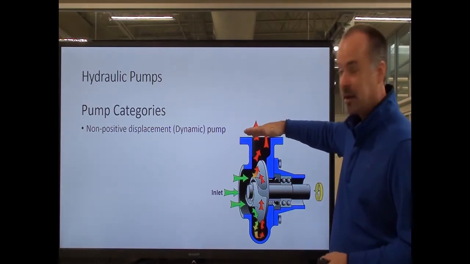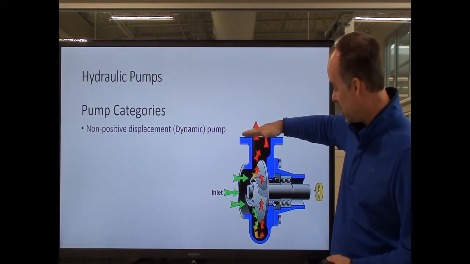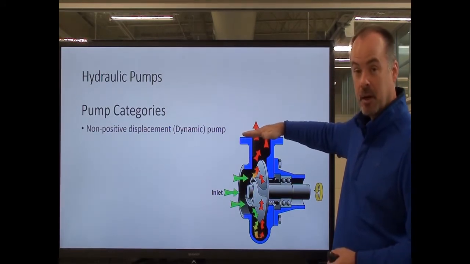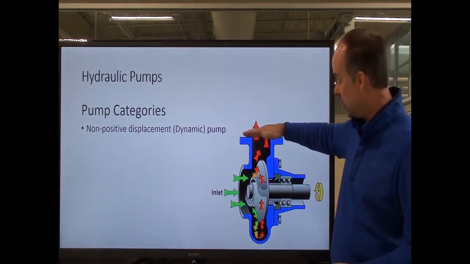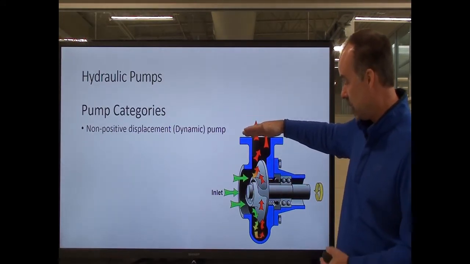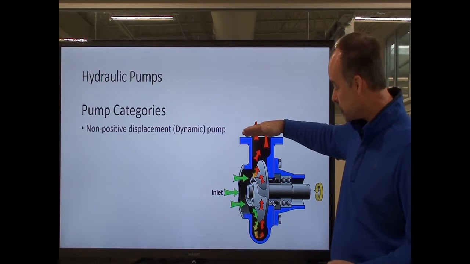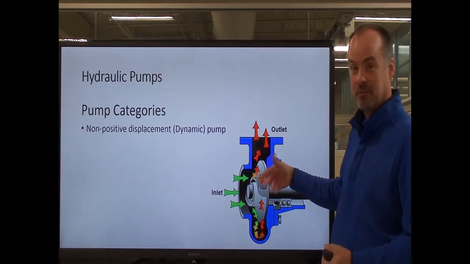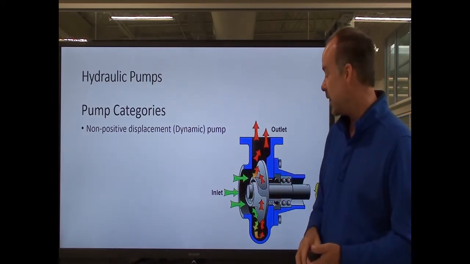And the second part of that previous slide, when I was talking about deadheading, what deadheading is, is basically you're blocking the flow. So if I cover this up and deadhead this pump, where I'm not allowing any fluid to flow, this impeller would continue to spin, and it would not tear anything up. It would just sit there and spin within the fluid, and it'd be generating heat.